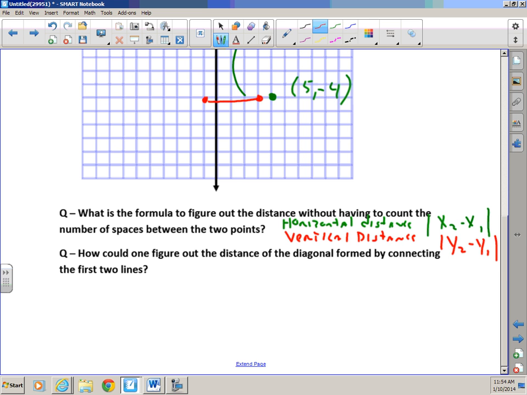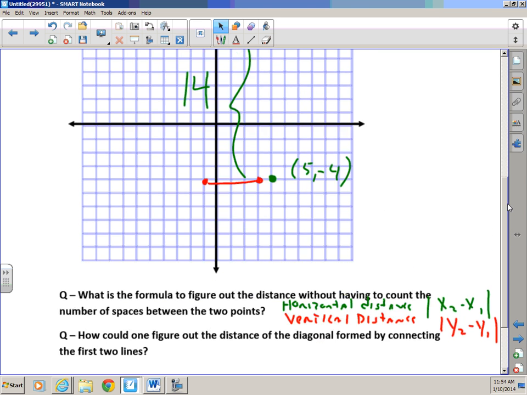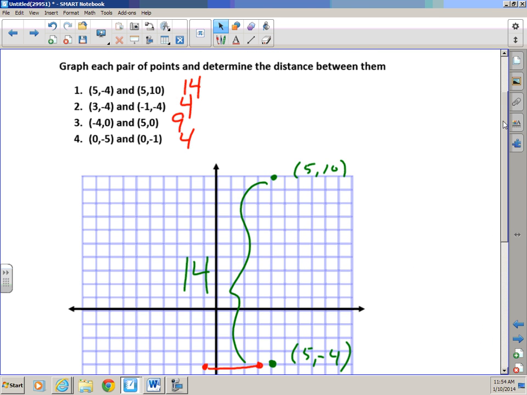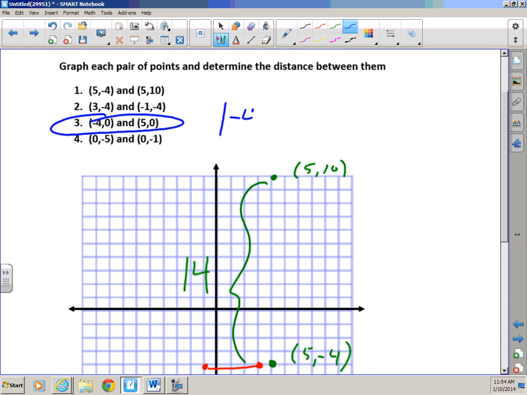So if you go back up to what we just did, the way to easily figure this out is you look at which one has a different x or y coordinate. So for example, looking at number 3 here, since the y coordinates are the same, it's going to be the x's that I'm going to subtract.